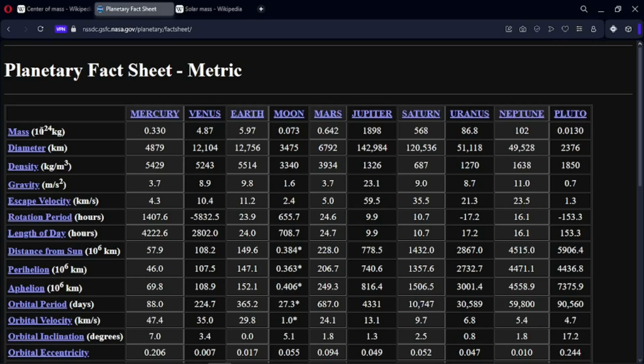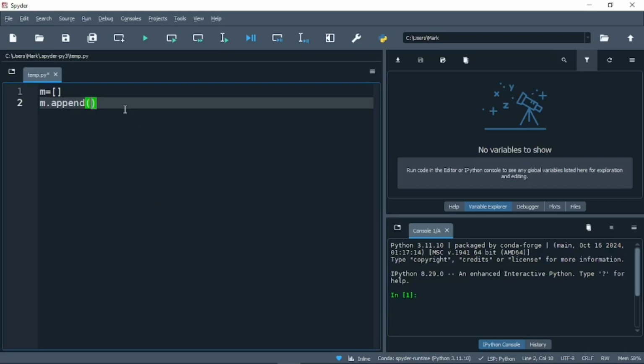In this table here it is 10 to the power of 24, so let's convert, so that we have all this data in the same power. So it's 1.99.